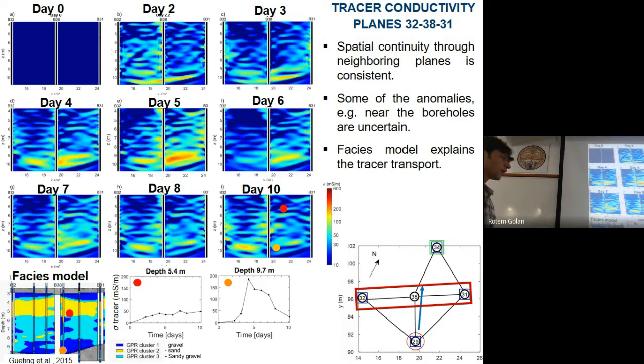Whilst in the gravel area, we see a much earlier breakthrough curve, and the conductivity is much higher. These are results from the full waveform inversion recovery, and this is from previous characterization of hydraulic conductivity. So this is another strengthening of our tracer recovery results.